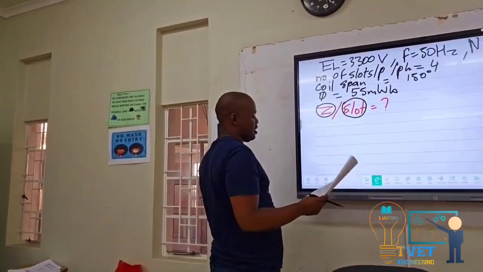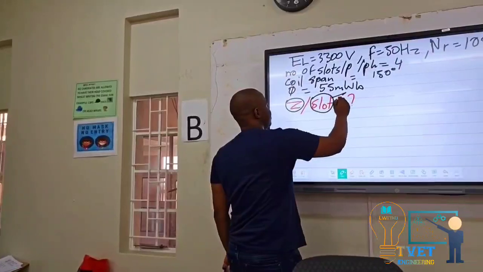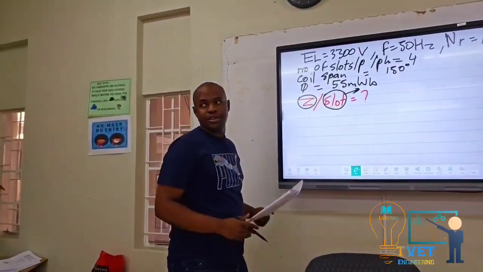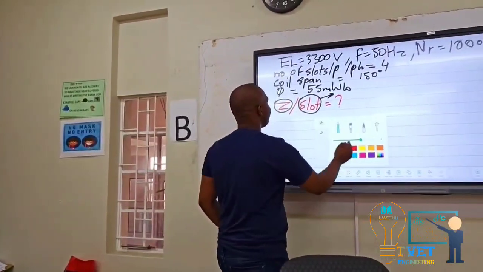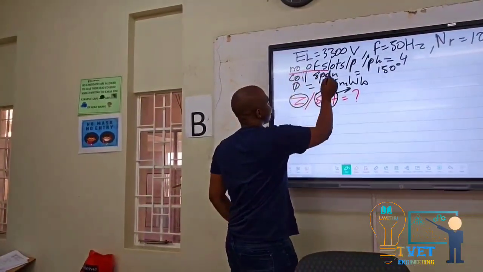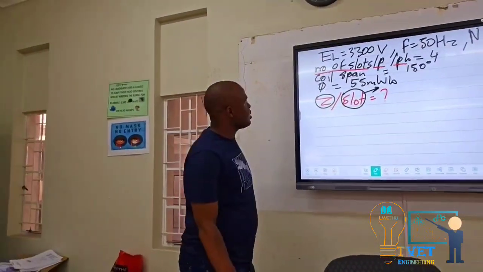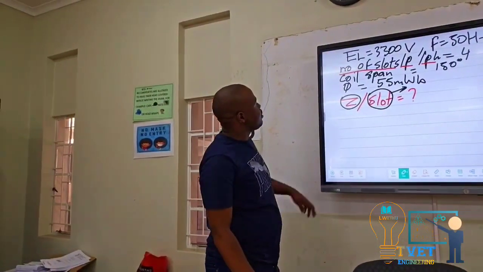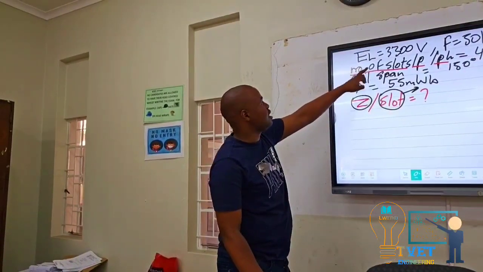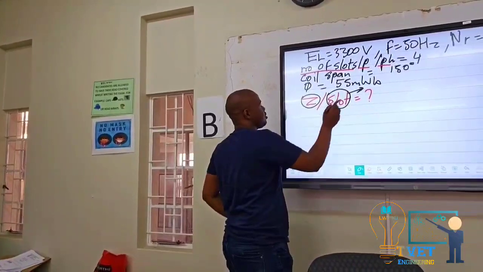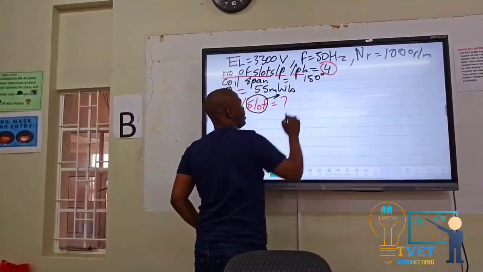The first thing that is easy to find is the number of slots, because I am told the number of slots per pole per phase, it's 4.